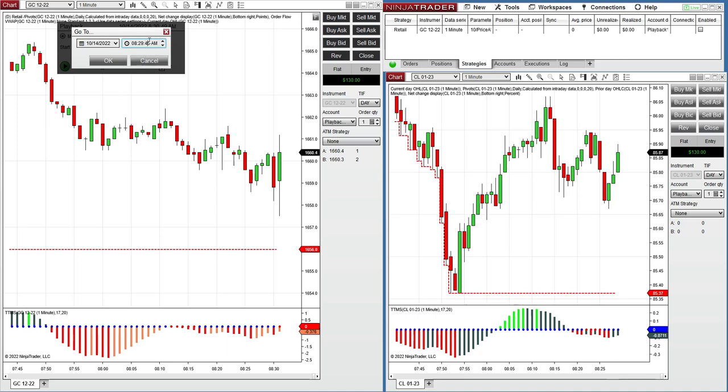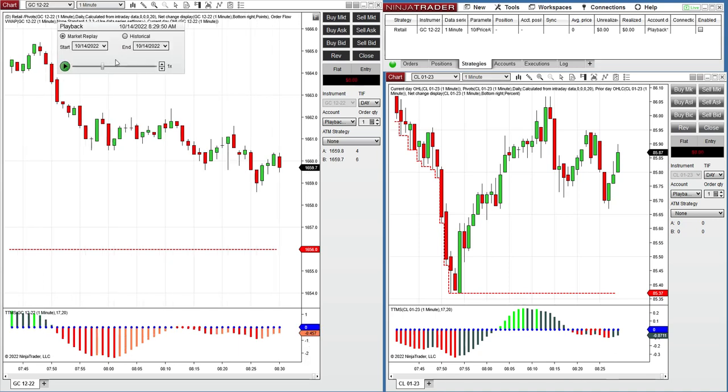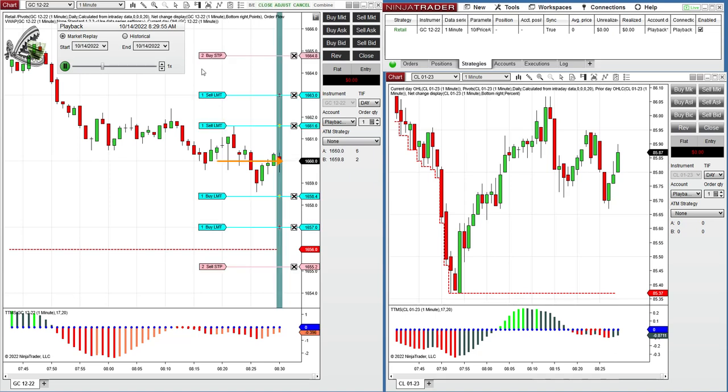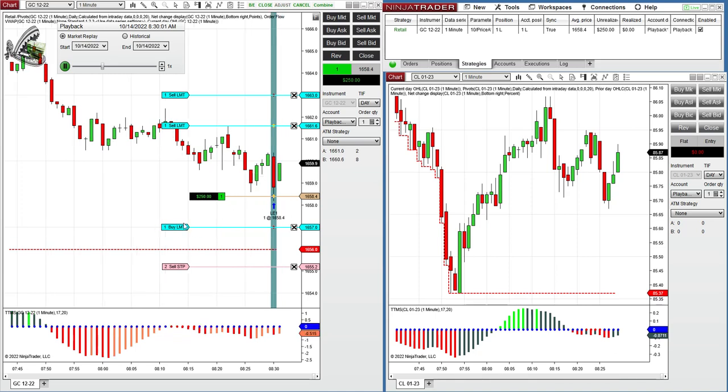So we're going to look at that retail trade again. Five seconds before 8:30, our orders go on the chart. Now, one tier got filled. There's one left.